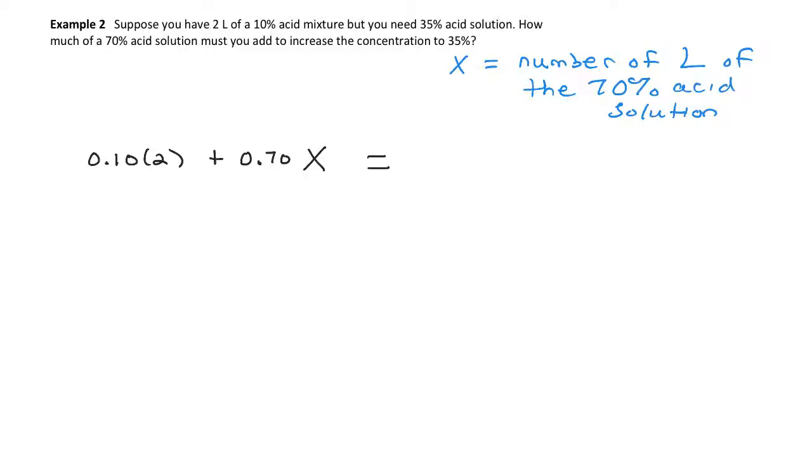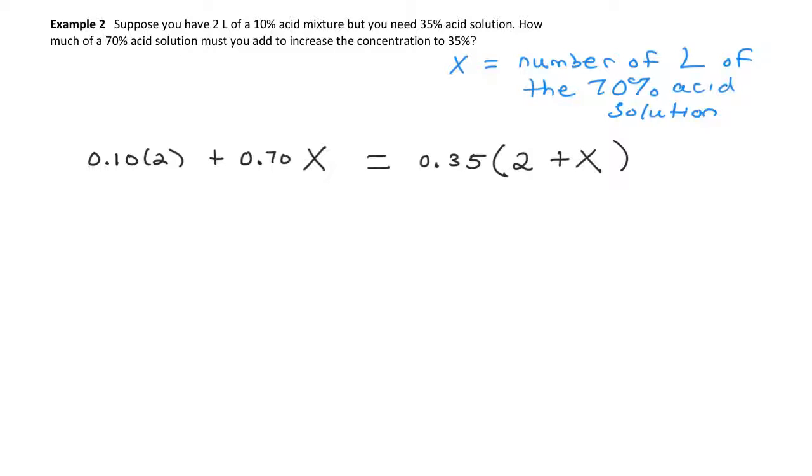Okay, now on the right side, I'm going to place what I want to end up with. Now I want something that is 35% acid, and in parentheses, I'm going to write how much of that solution I'm going to have. Well, we have 2 liters, so I know it's going to be at least that, but since we're mixing in some unknown number of liters, I'm going to put plus X. So this is different too.